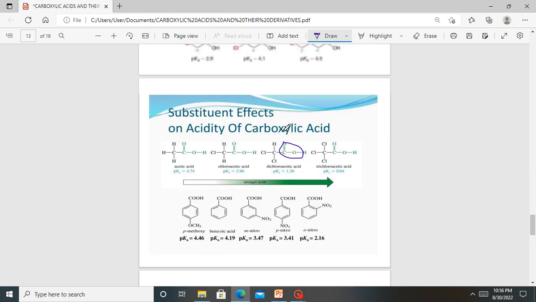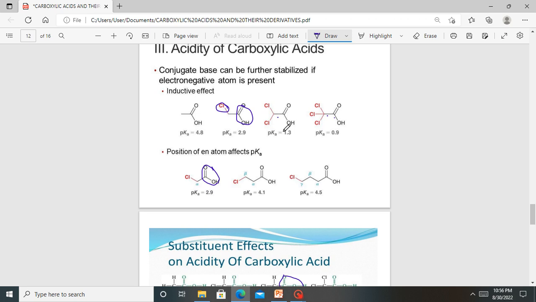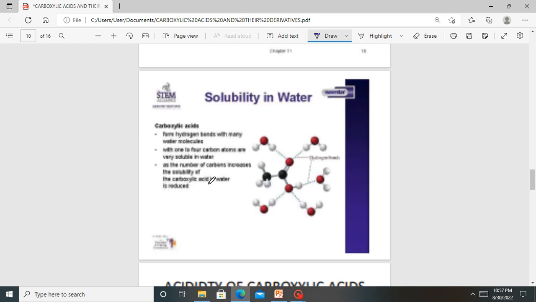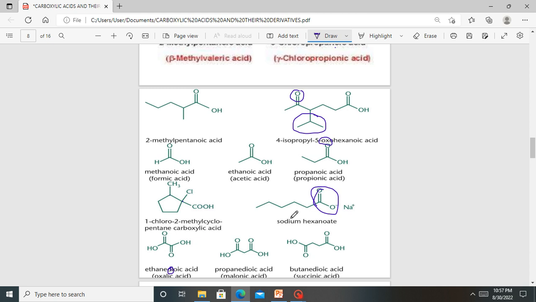Another principle we use to explain acidity is the principle of mesomerism or resonance. When a base takes a proton from this system, the resulting ion is called a conjugate base. Let's see if we had an example here. I think we had none. Yeah, so let's look at this compound. This compound is a conjugate base.